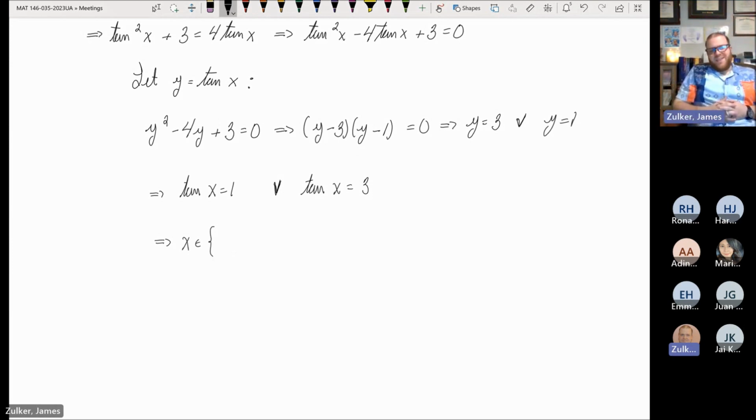Right? We already solved for when tangent is equal to 1. And we got pi over 4 or 5 pi over 4.